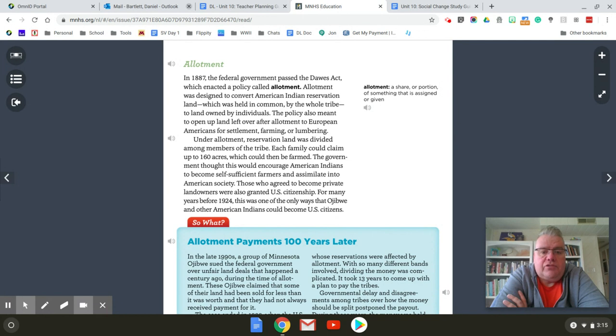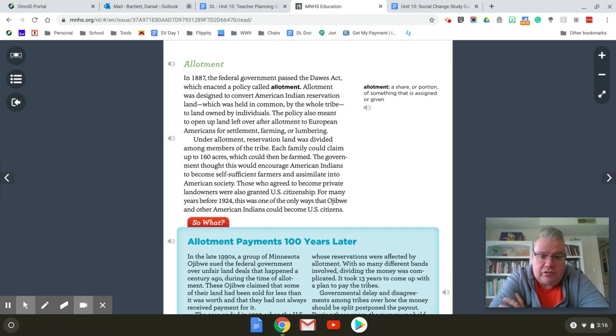The policy also meant to open up land left over after allotment to European American settlers for farming and lumbering. Under allotment, reservation land was divided among members of the tribe. Each family could claim up to 160 acres, which they could then farm. The government thought this would encourage American Indians to become self-sufficient farmers and assimilate into American society.